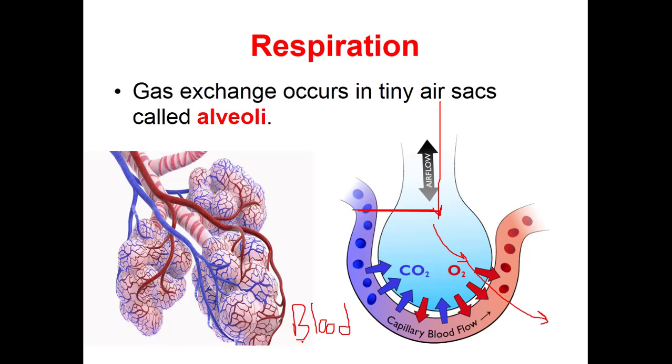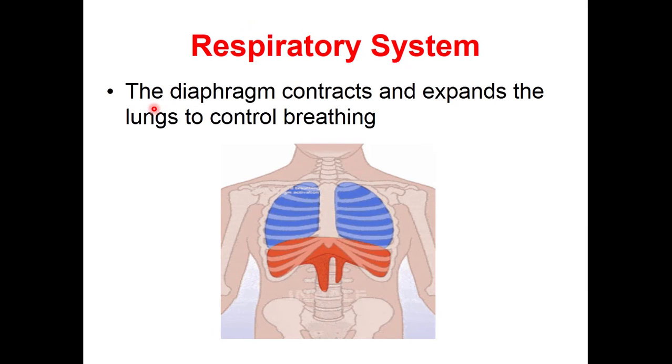On the other side, in the blood, we have carbon dioxide, a waste product carried by the blood. It will also enter the alveoli and move the same way as the air you breathe. So gas exchange occurs in tiny air sacs called alveoli, and this is the shape of alveoli.